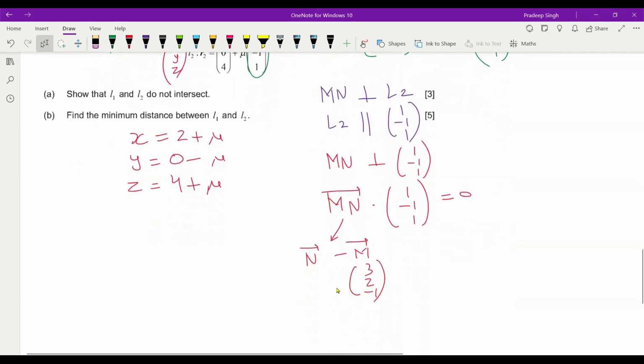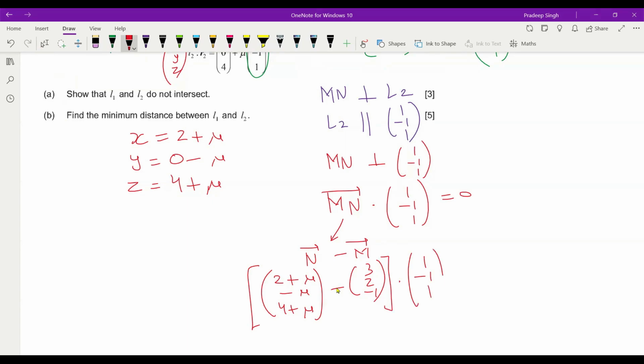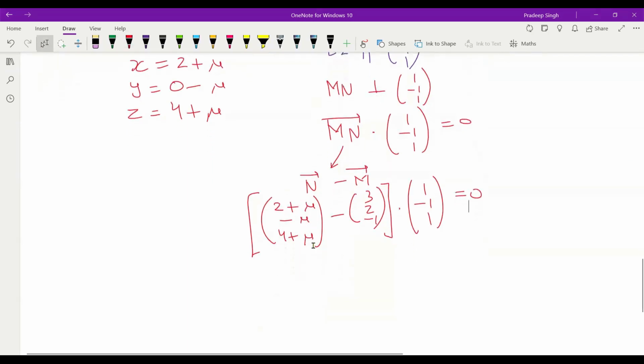So for N, we will write the coordinates as 2 plus mu, minus mu as the y coordinate, and 4 plus mu as the z coordinate. So this is our N minus M. Let's simplify the overall expression since we are supposed to take the dot product and put that equal to 0. Let's simplify whatever is inside this bracket.